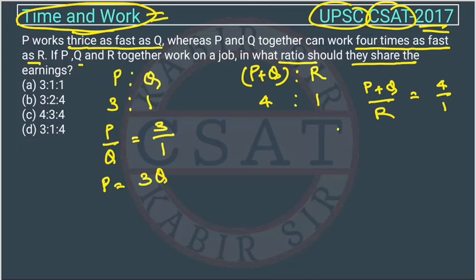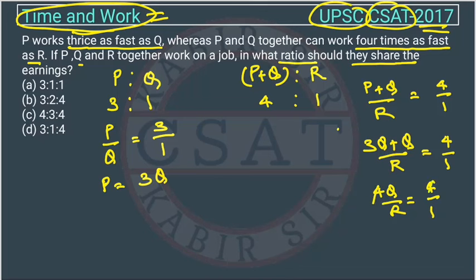So I will write it here, right? So it will be 3Q plus Q upon R is equal to 4, right? So it will be 4Q upon R is equal to 4. This 4 will cut this one. Then Q upon R is how much? Q upon R is 1 upon 1, right?